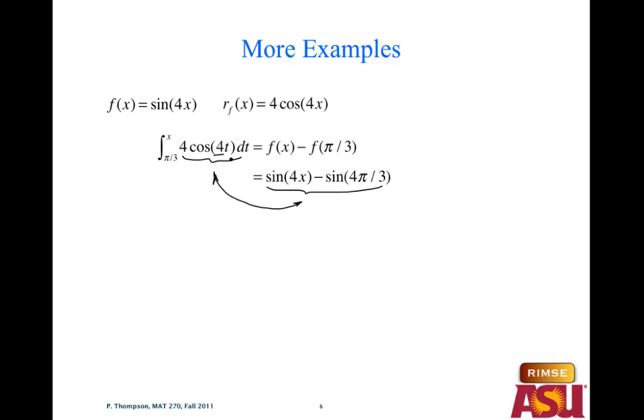Yes, that is the rate of change of this, right? So that's the rate of change of this. But in a more mechanical sense, a more mathematical sense, what is the relationship between those two? What is 4 cosine 4t relative to this accumulation function that we got?